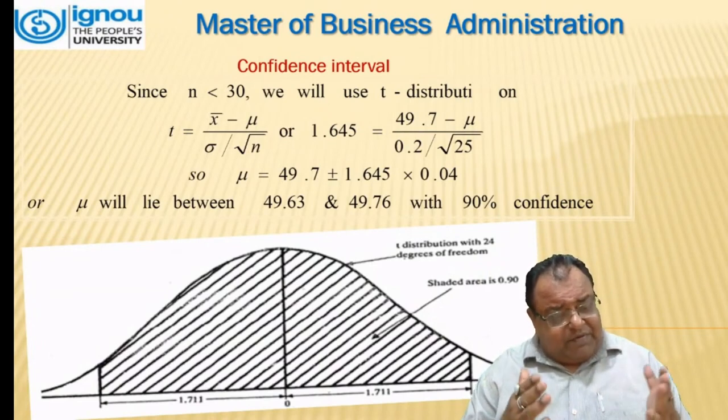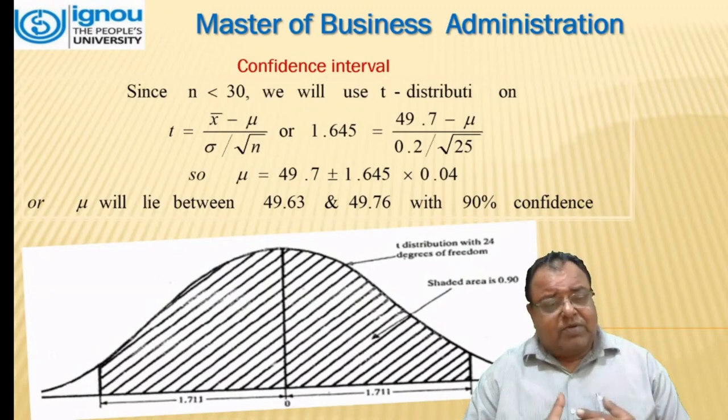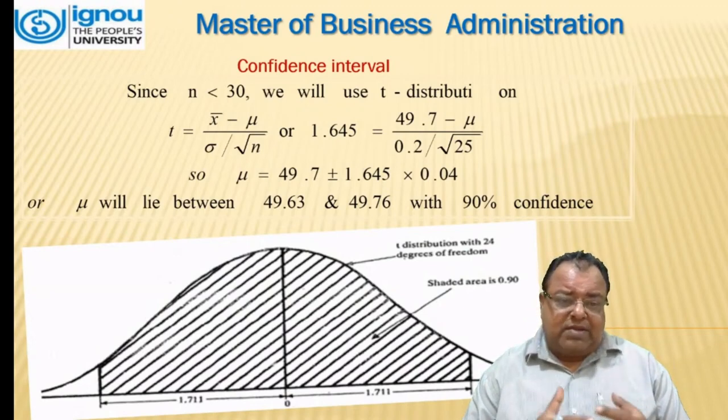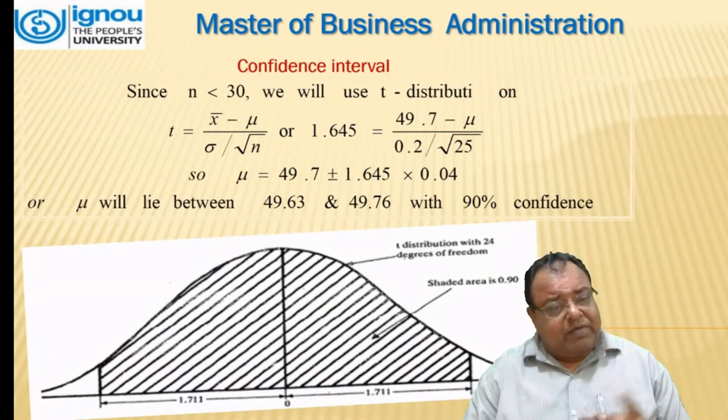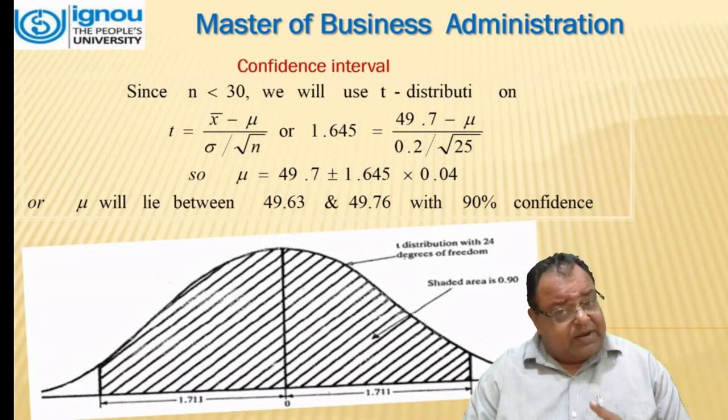For that, we will be using the formula t is equal to (x bar minus mu) upon sigma divided by root n. We have the value 1.645 equal to (49.7, the mean, minus mu) upon the standard deviation 0.2 divided by root 25.